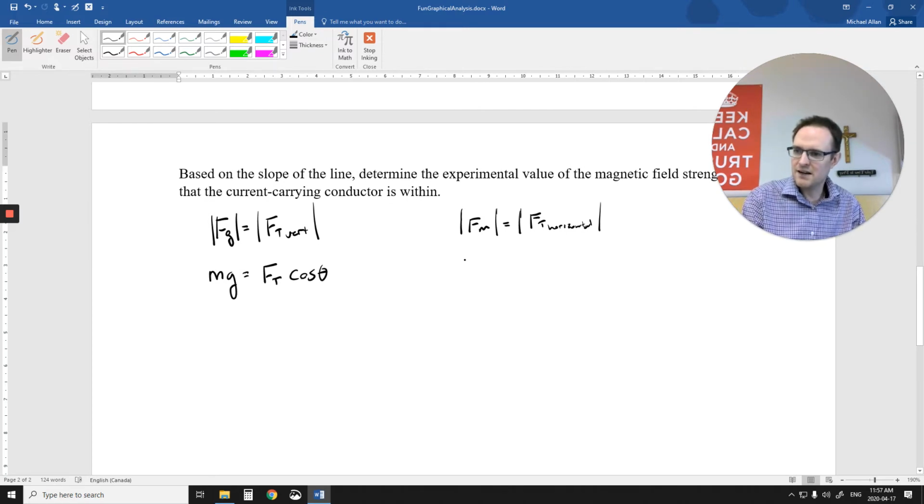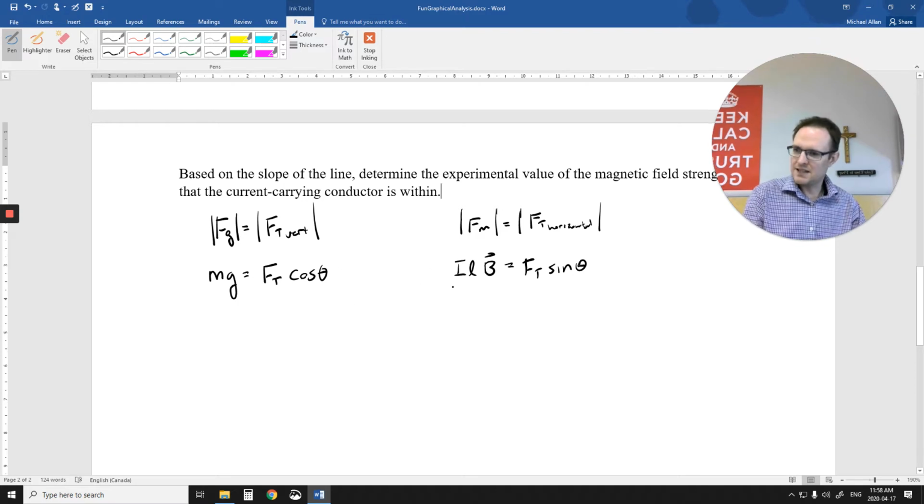On this one over here, I have ILB because this is a current carrying wire. And over here, this would be Ft sine theta. Okay. So what I'm going to do is try to get rid of the Ft as much as possible. I want to relate the two sides together.